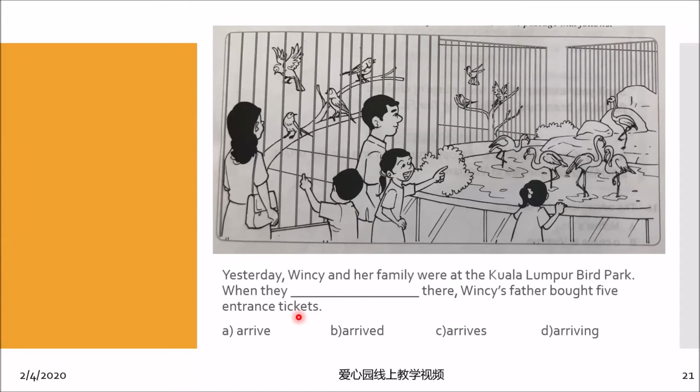The correct answer is arrived. From this passage, we know that this incident happened yesterday. It is in the past, so arrived would be the past tense for arrive. Therefore, this is the correct answer.